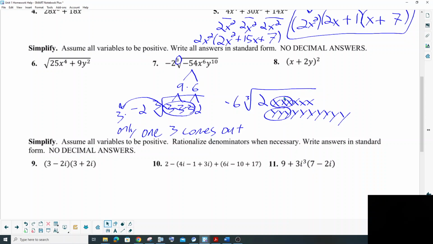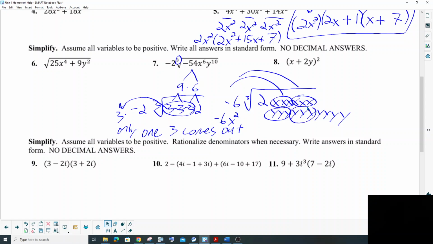So we have 1, 2. X's are going to come out. So that's -6, and we have 2 of them that can come out, so that's x squared that comes out. Only one x comes out per group.